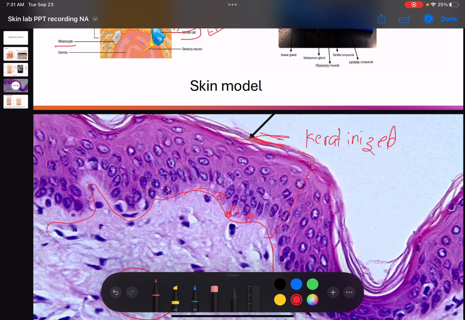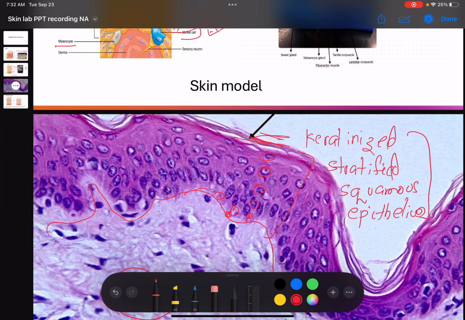Stratified because it's not one layer, there are many layers, then squamous cells. They are not cuboid, they are not columnar, they are squamous. They are keratinized, stratified squamous epithelial tissue.